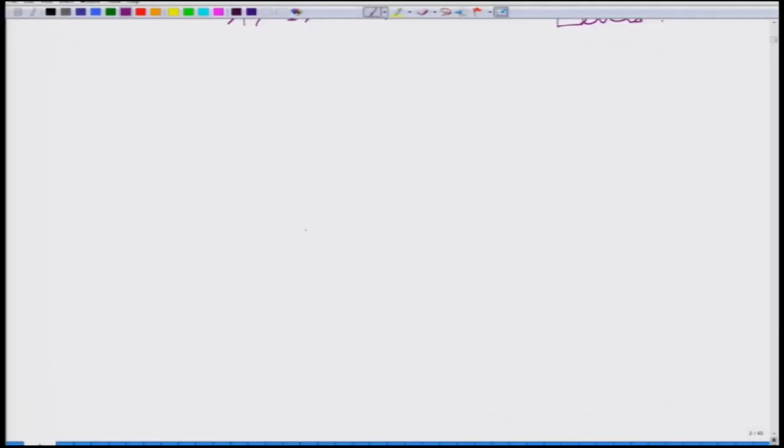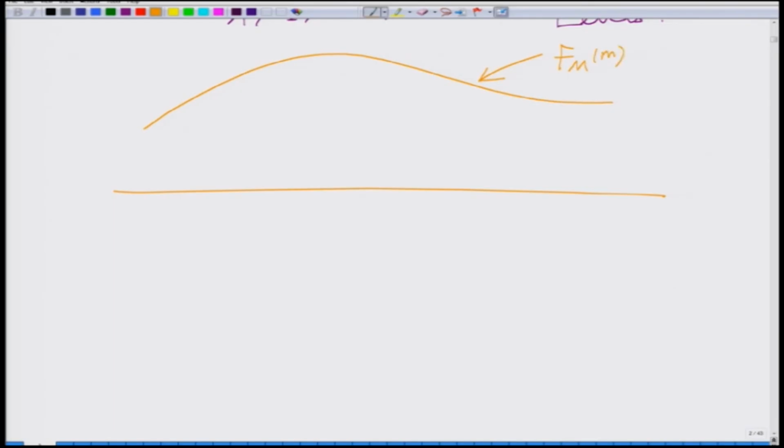For that, we have to start with the probability density function of the signal sample m. So, to start with the Lloyd max quantizer, we first consider f of m, or let us make it symmetric.